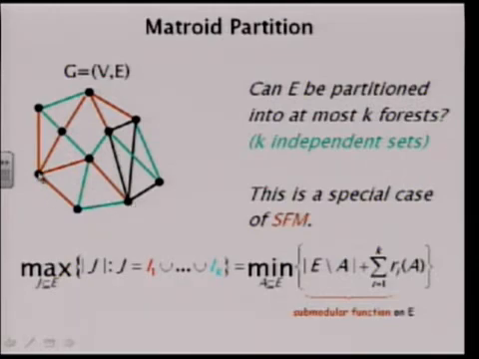Meaning, for instance, if I say this is a particular tree, then this would be another particular tree, okay? And then I could have another tree like this, and then another tree like this. I could have another tree like this, but I cannot have a triangular shape like this.